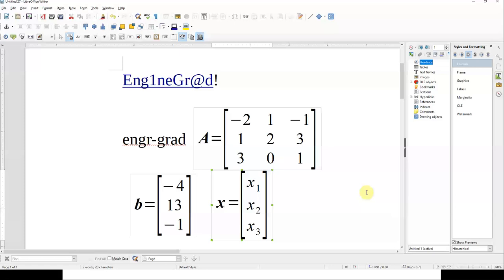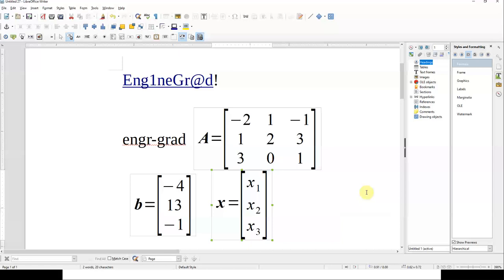That's all it means. The identity matrix in this case is going to be 1, 0, 0, 0, 1, 0, 0, 0, 1, times x1, x2, x3. This is the identity. So this becomes the identity matrix times x. Identity matrix times x becomes x. Remember, identity is like number 1. 1 times anything gives you back the same thing.